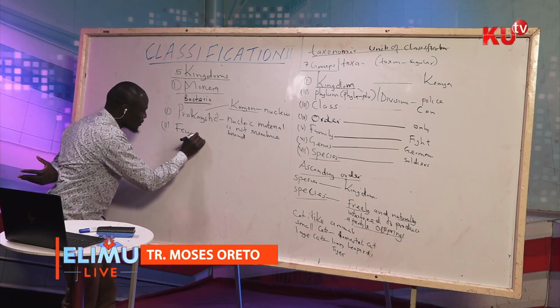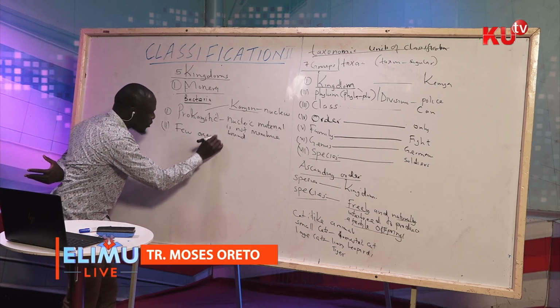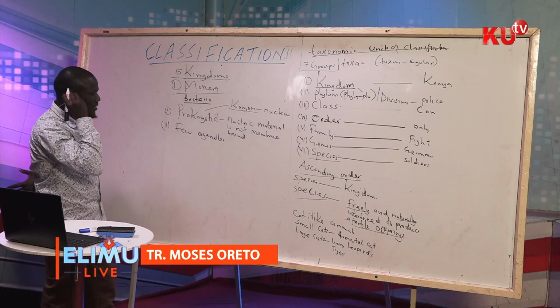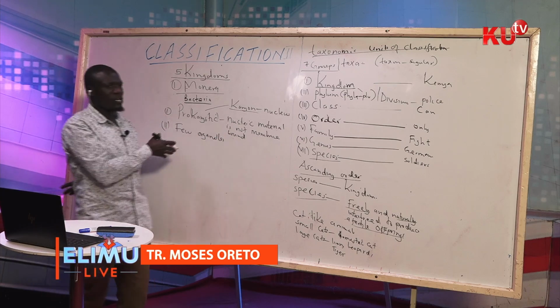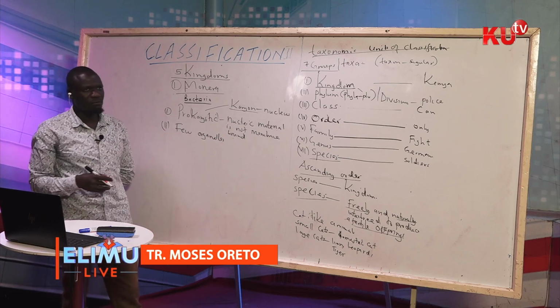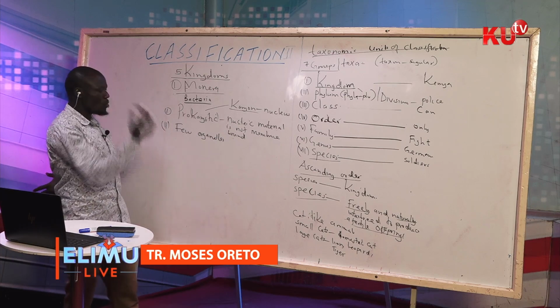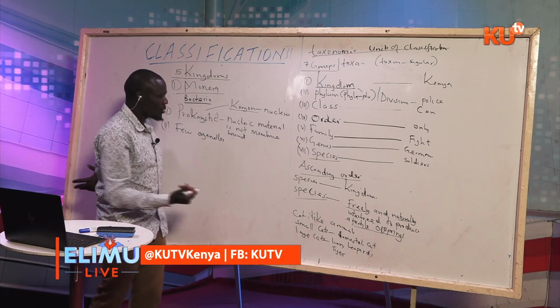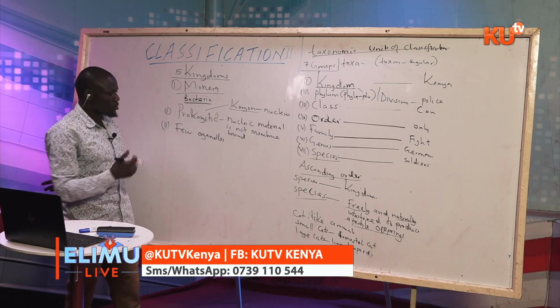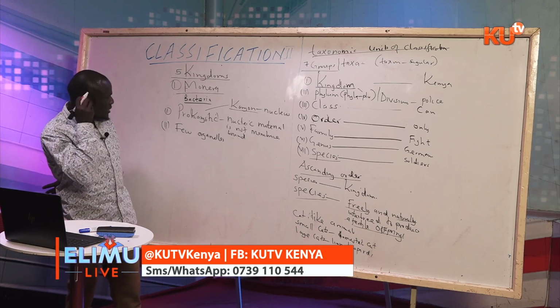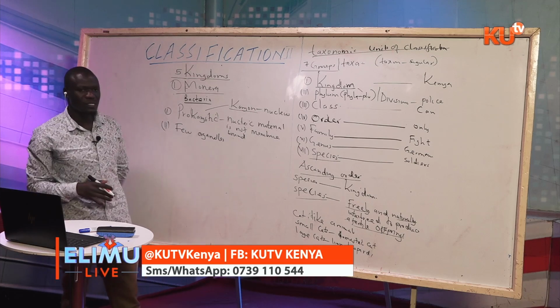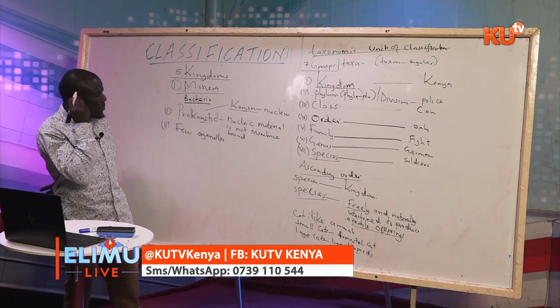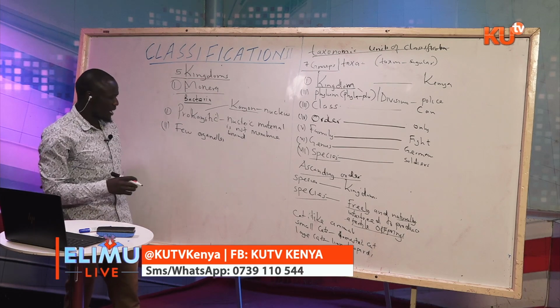Then, the next thing that we need to talk about, apart from being prokaryotic, is that these organisms have very few organelles. We learned about organelles in Form 1, and we have so many organelles like mitochondrion, ribosomes and the rest. So we are being told that when you look at the features of organisms in the kingdom Monera, they have few organelles.